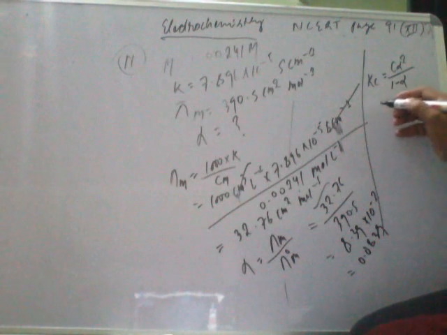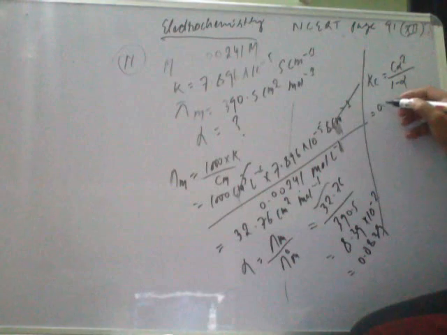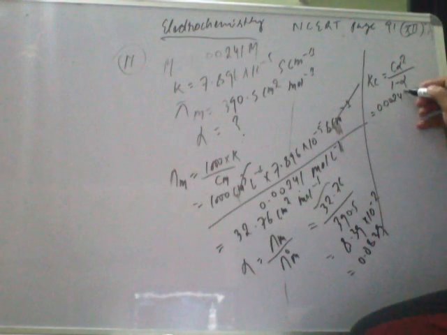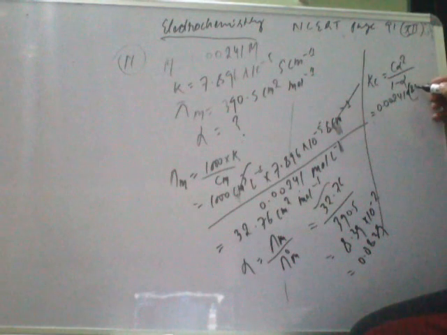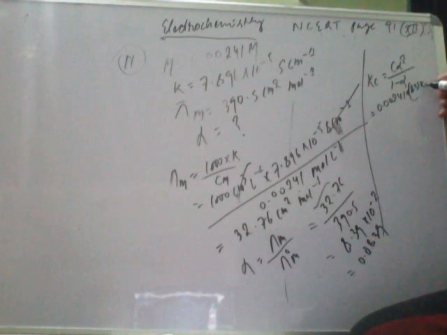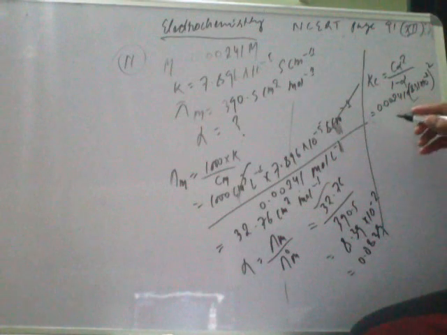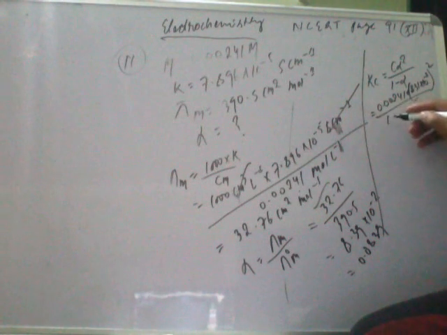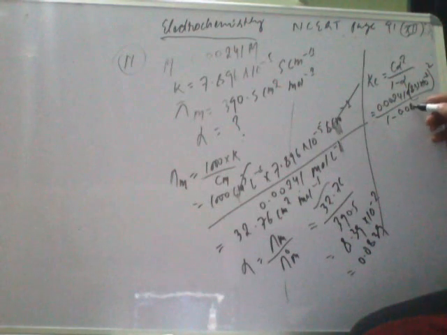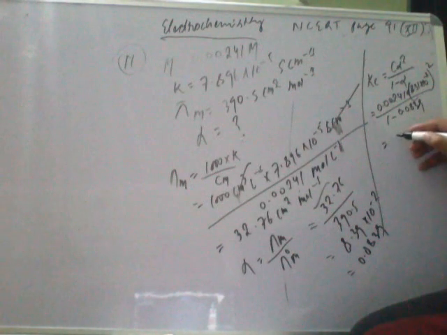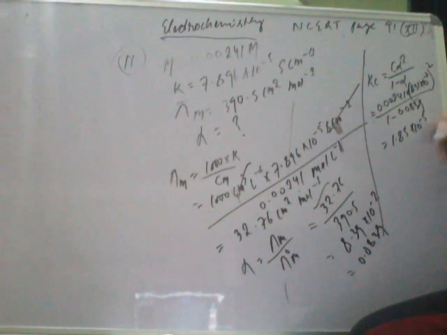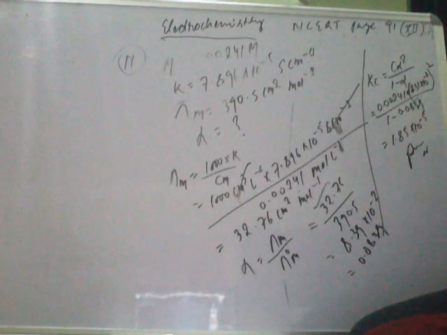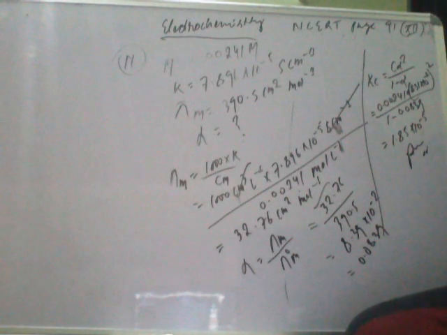So Kc is 0.00241 multiplied by 8.39 into 10 to the power minus 2, squared, divided by 1 minus 0.0839. If you calculate, you get 1.85 into 10 to the power minus 5. This will be your answer. Now come to the next question.